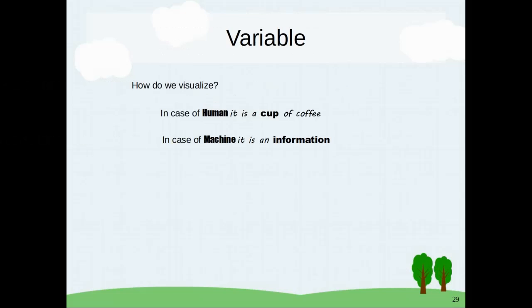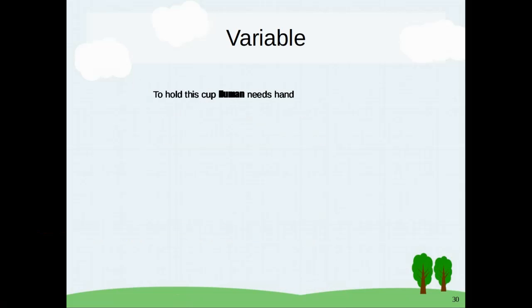How do you visualize that? In case of a human, it was a cup of coffee, but in case of a machine, it was information. So the analogy between human and machine is a cup and information. To hold this cup, a human needs a hand.